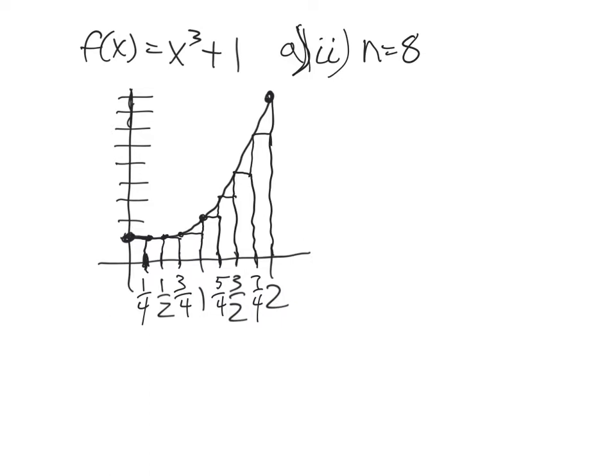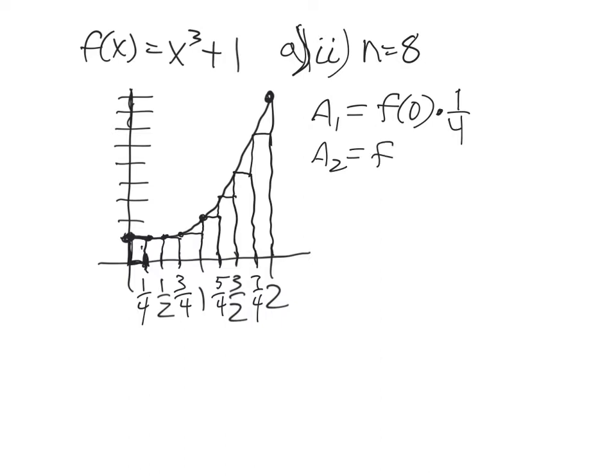Part A was our left endpoints. So let's look at our first rectangle then. Again, with it being the left endpoints, we're going to be using x equals 0, and our width is what? 1/4. Okay, width of 1/4 this time.